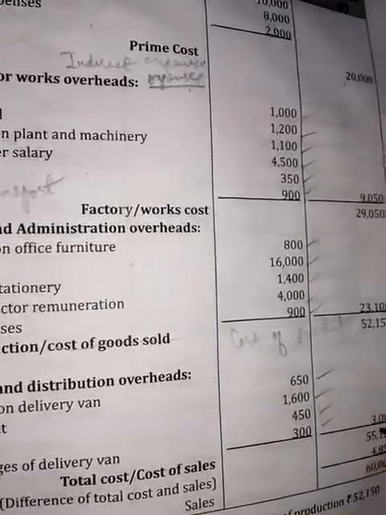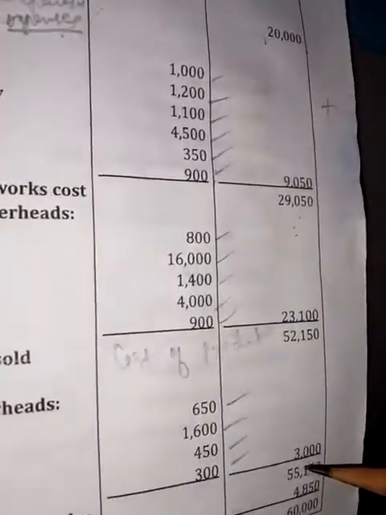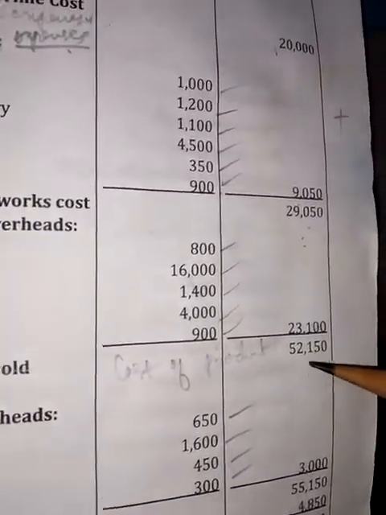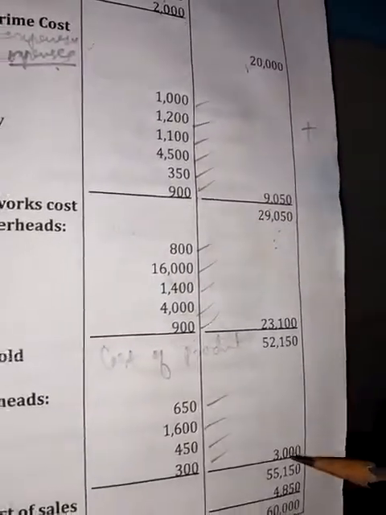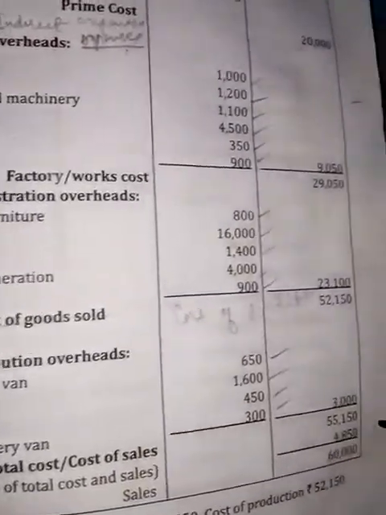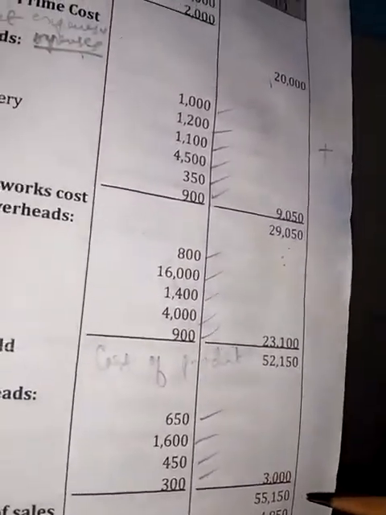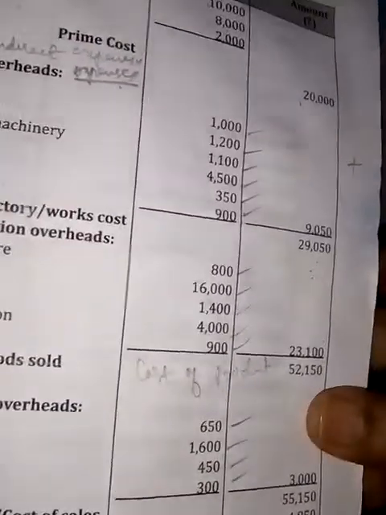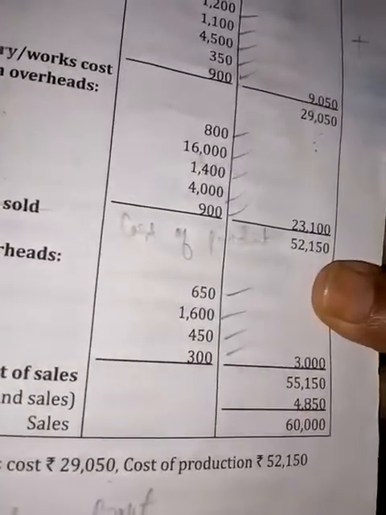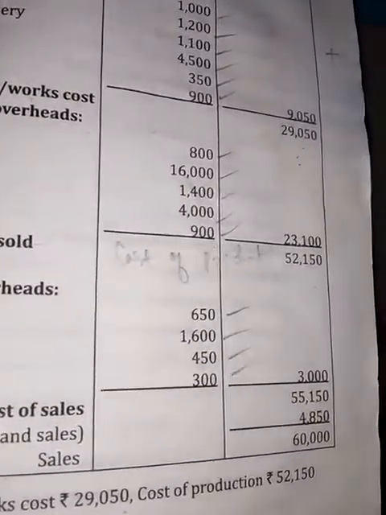The total of all these expenses comes to 3,000. So add 3,000 to 52,150. The total comes to 55,150. So here 55,150 is the total cost, and the sales value is already given in the problem as 60,000.